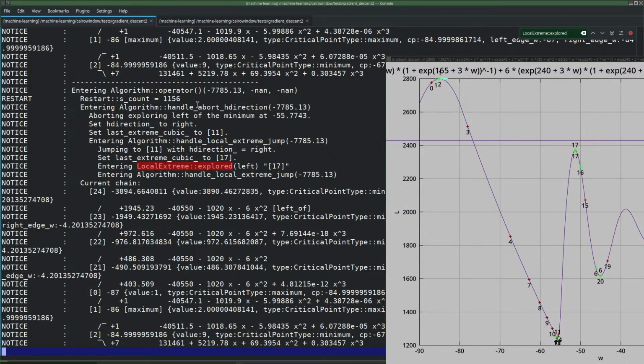I think somewhere in here must fix something.